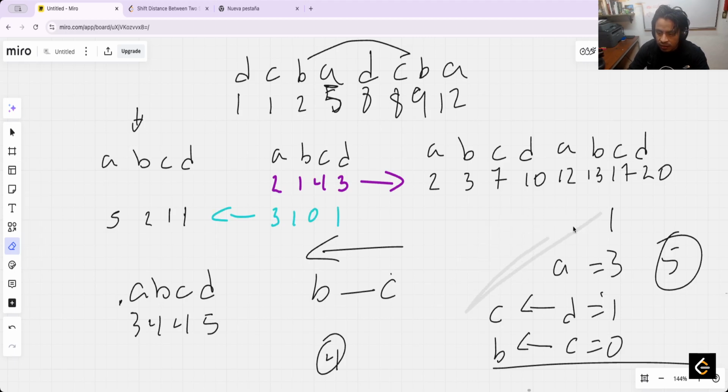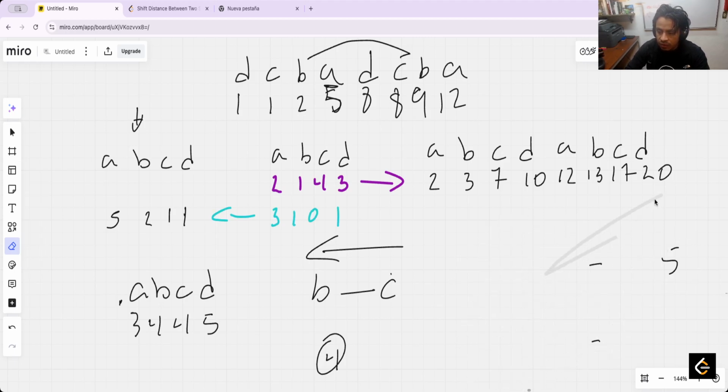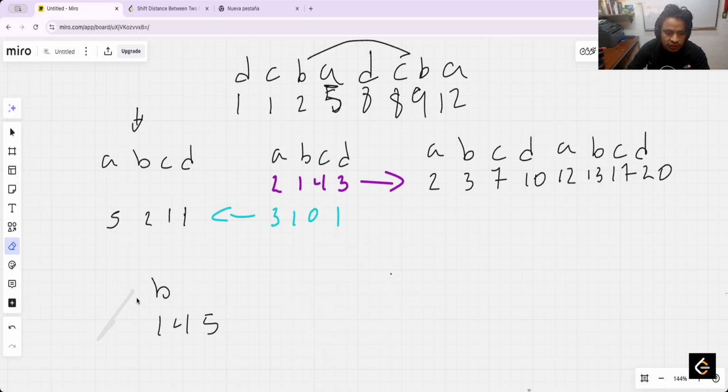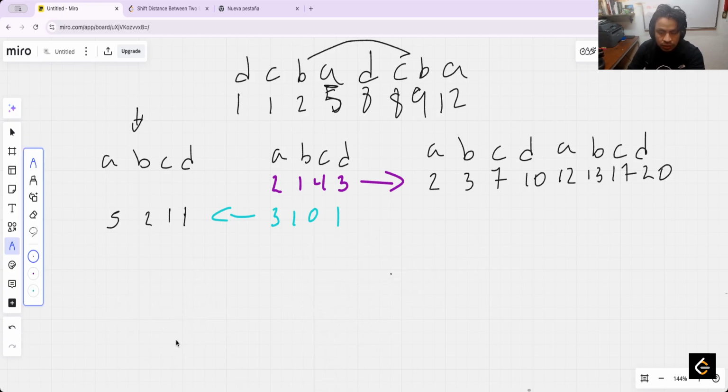Why? What I need to change to get the same result like this direction.